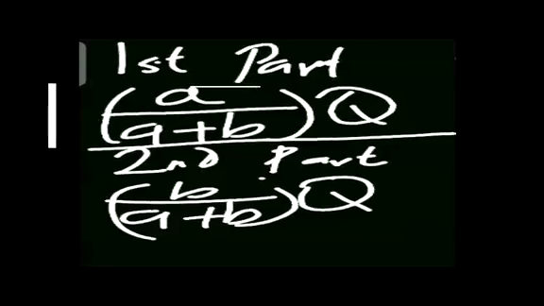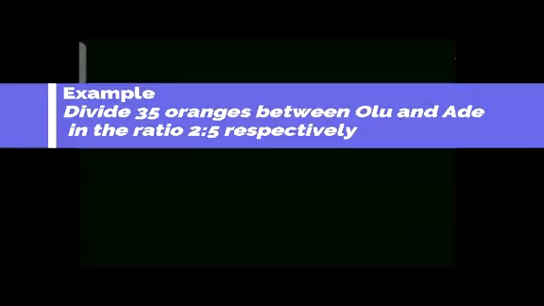Let's look at this question together. The question says, divide 35 oranges between Olu and Ade in the ratio 2:5 respectively.